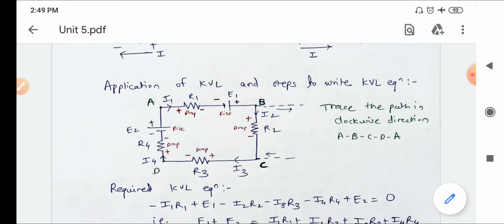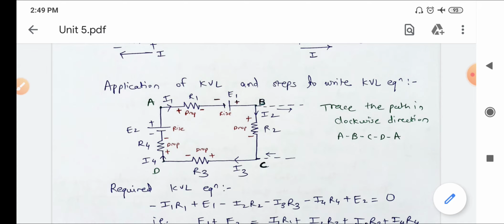Now in a closed loop, when we trace the path and encounter the positive terminal first, it indicates a drop in potential, called a potential drop. Here, as the current flows through R1, from higher potential to lower potential, we encounter the positive terminal of R1 first, and hence it is a potential drop.